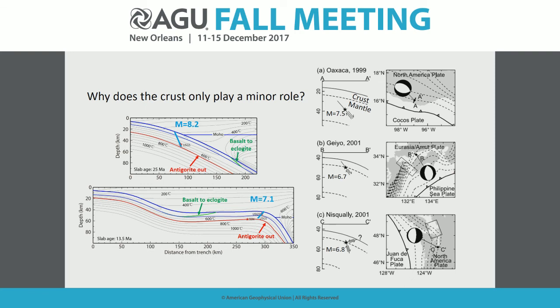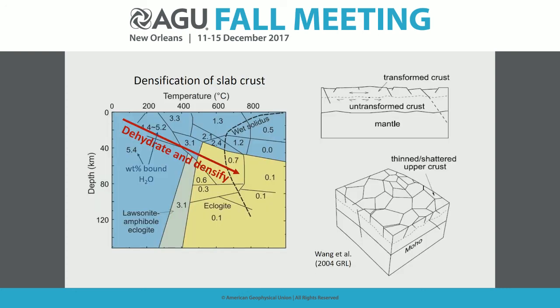The other question is the crust involvement. Why does the crust only play a very minor role, as we see in all these earthquakes in warm slabs? We think the reason is also because of metamorphism.